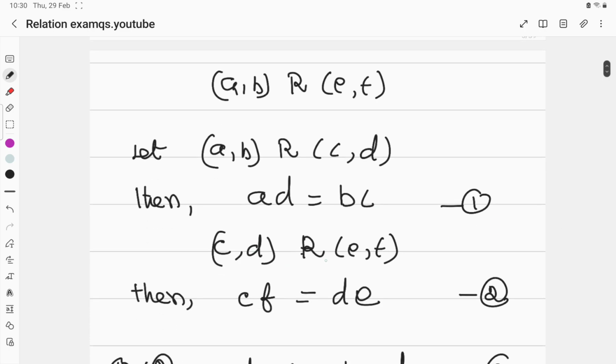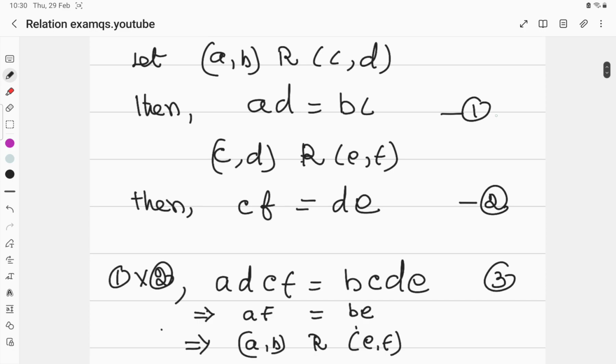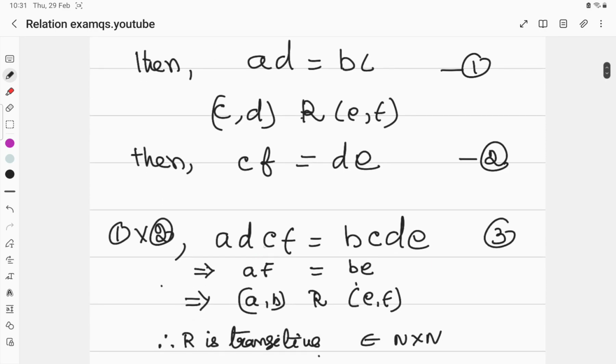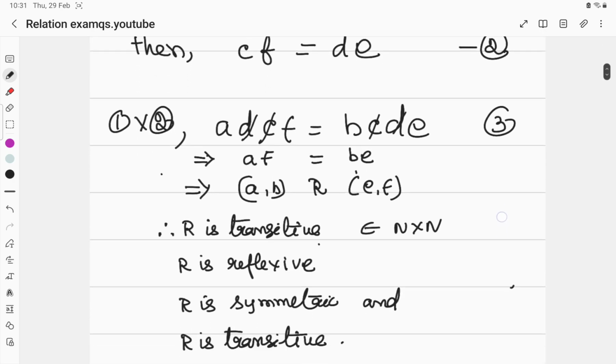Like that, (c, d) related to (e, f), then we get cf = de. Multiplying 1 and 2, we get adcf = bcde. Then removing both sides common terms cd, we get af = be, which is (a, b) related to (e, f). Therefore, R is transitive for all N cross N.